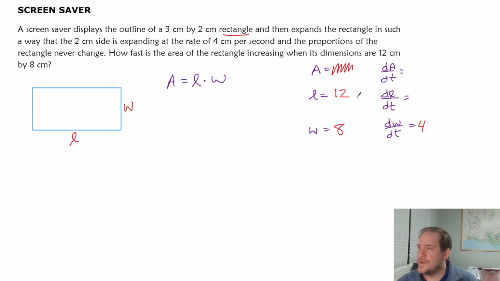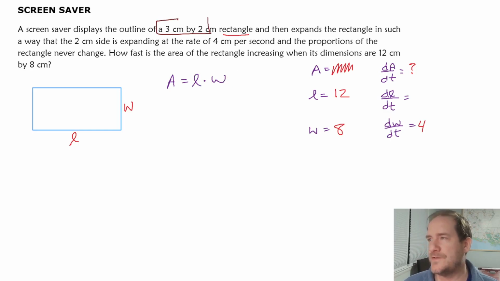All right, so looking at this, I'm missing something, because what I'm solving for is dA/dt. We don't have the proper rate of change for dL/dt to ensure that these sides stay in proportion. This problem is similar to the cone problem that we did in class today, or depending on when you're watching this video, we did it in class on Tuesday. But we actually had to replace one of our variables with an expression in terms of the other.